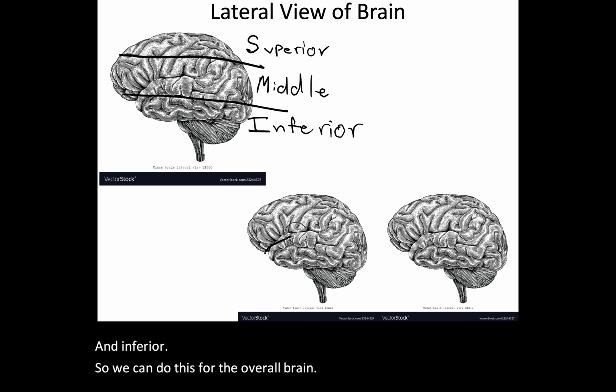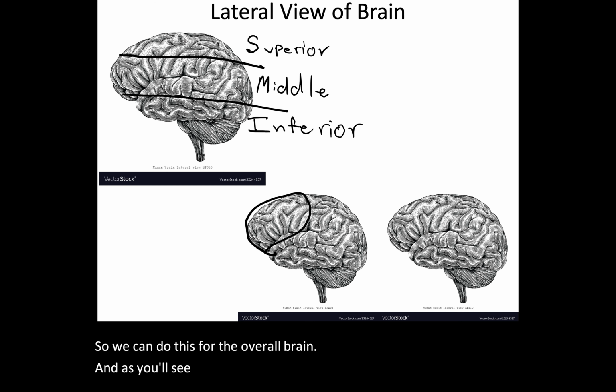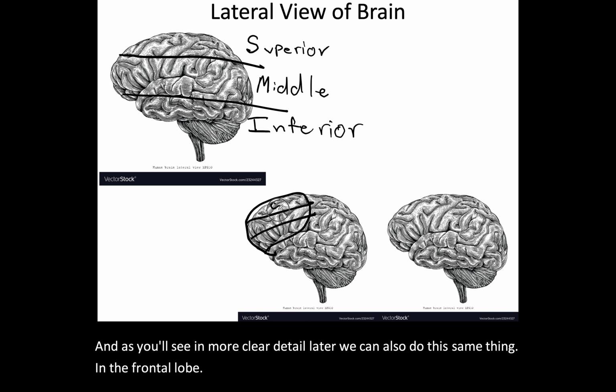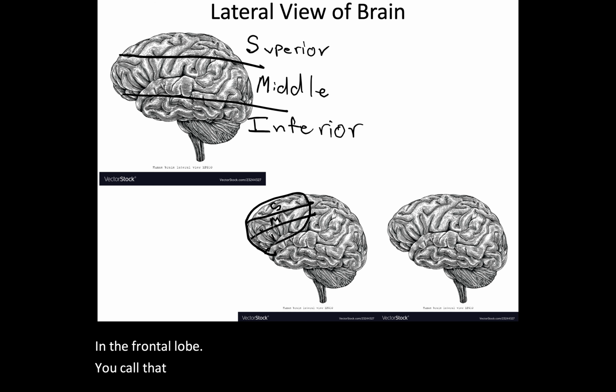And as you'll see in more clear detail later, we can also do this same thing in the frontal lobe. And you call that superior, middle, and inferior. And then, as again I'll show you later in much clearer detail, we can chop the temporal lobe into thirds. Again, superior, middle, and inferior.